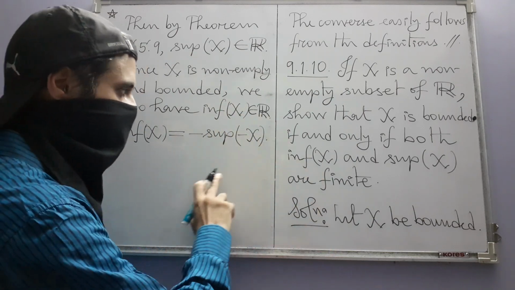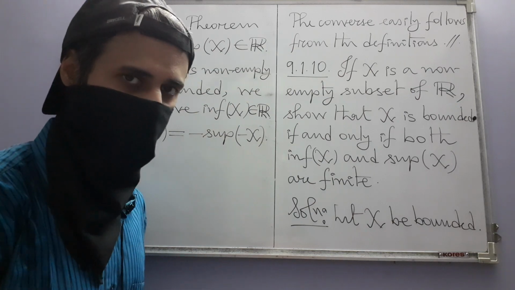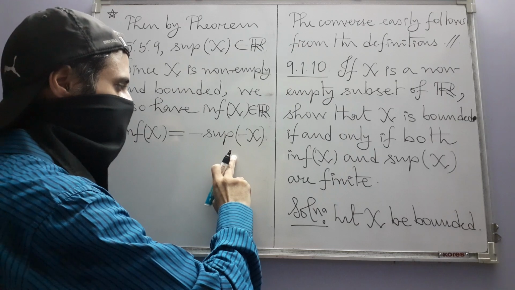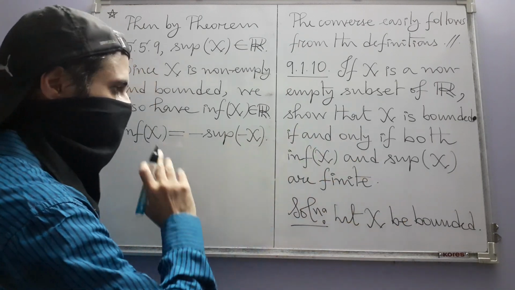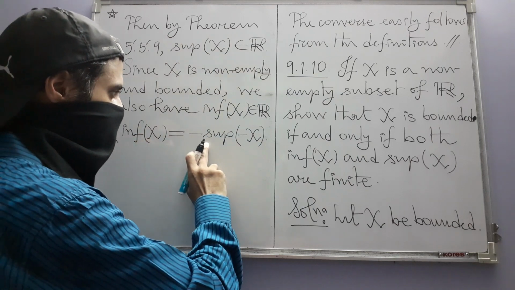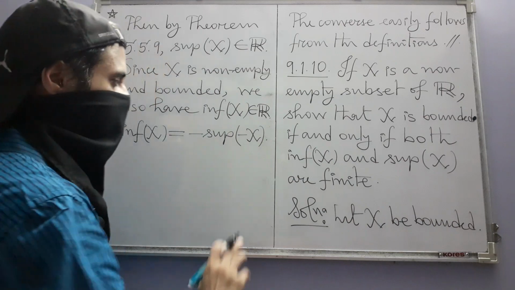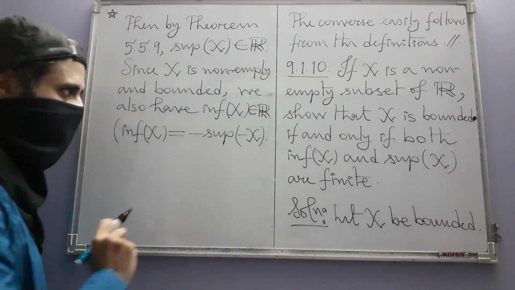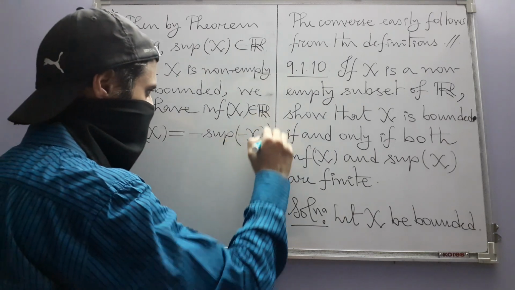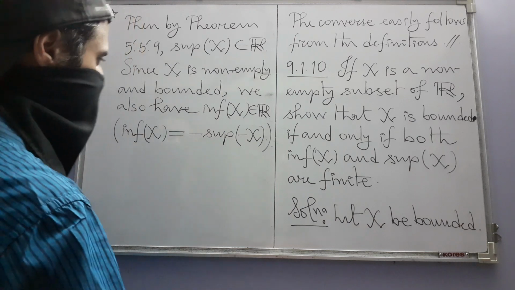And what is minus X? In minus X, you have the negatives of all the elements of X. So this then becomes a non-empty set which has an upper bound. So again, by our theorem 559, the supremum of minus X is a finite number, it's a real number. So its negative is also a real number, and that by definition is the infimum of X. Okay, so that's how we have one half of our claim.